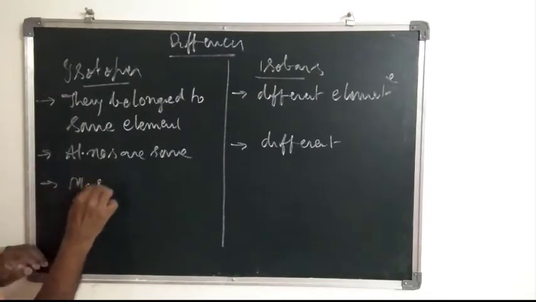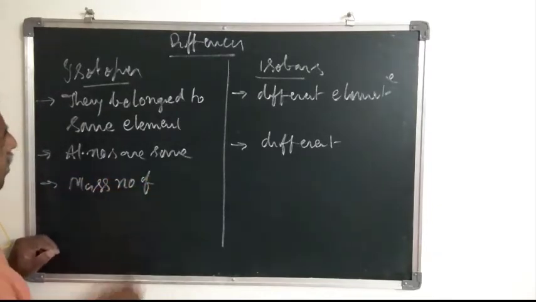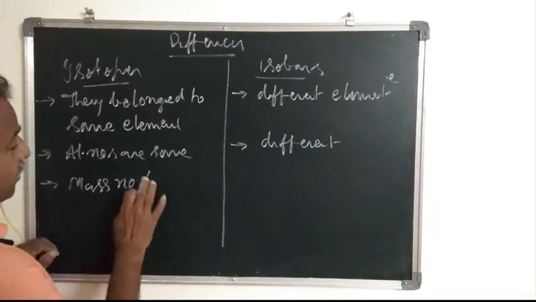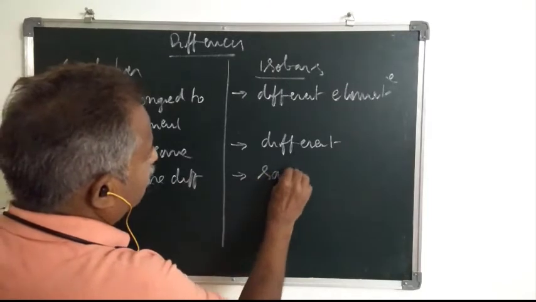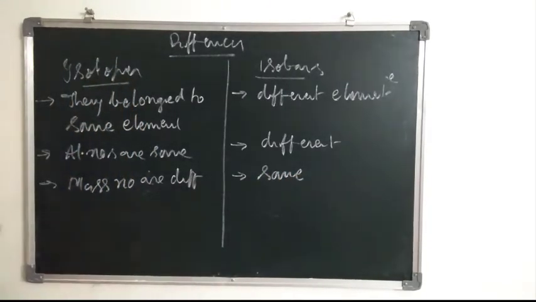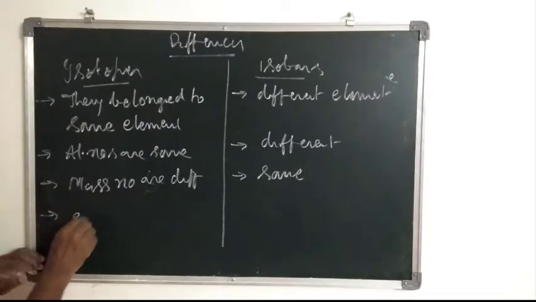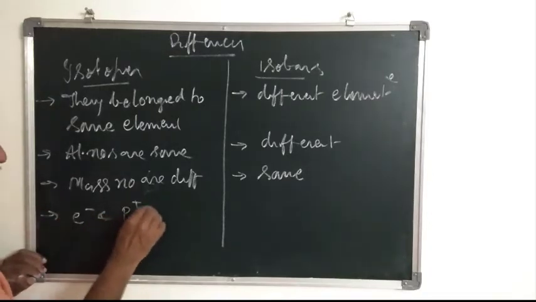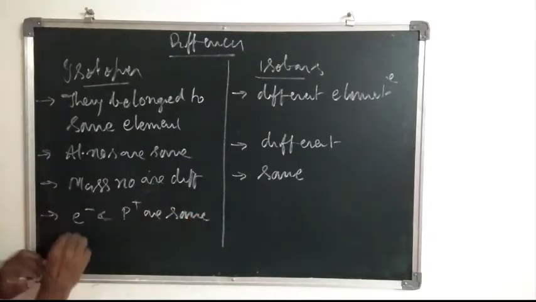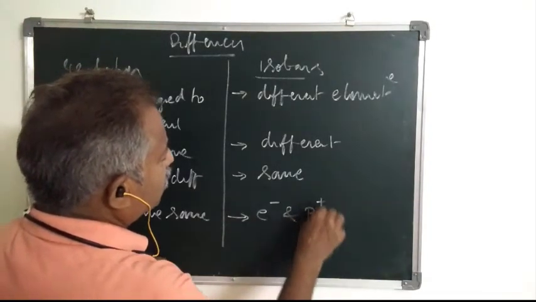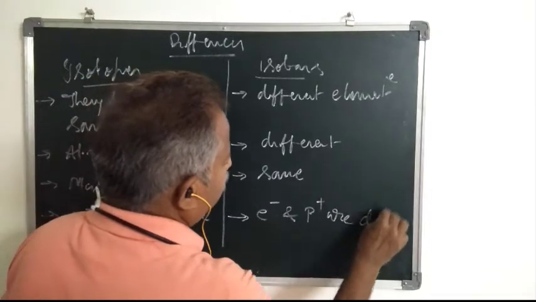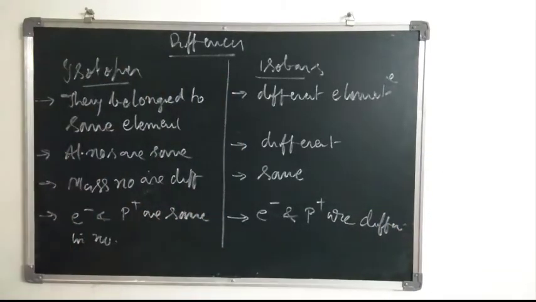For isotopes mass numbers are different, whereas for isobars mass numbers are same. So what does it mean atomic numbers are same? Electrons and protons are same in number. Whereas here electrons and protons are different. So these are the differences between isotopes and isobars.